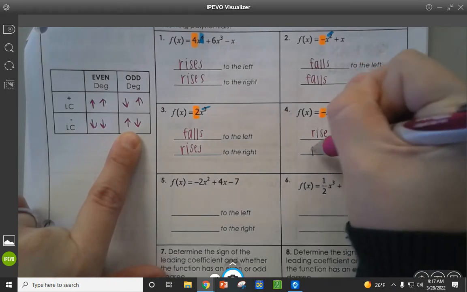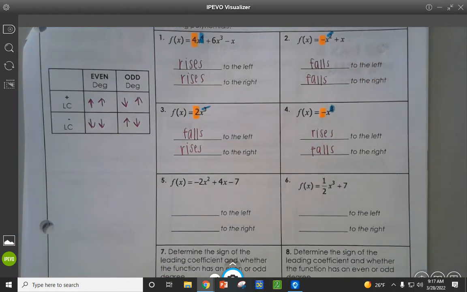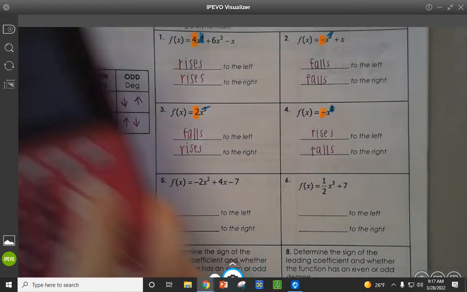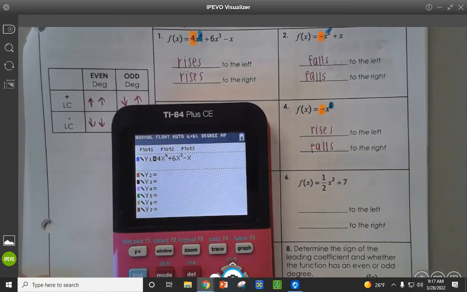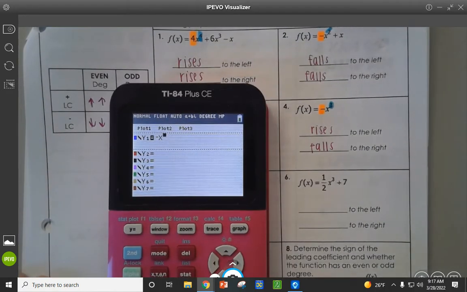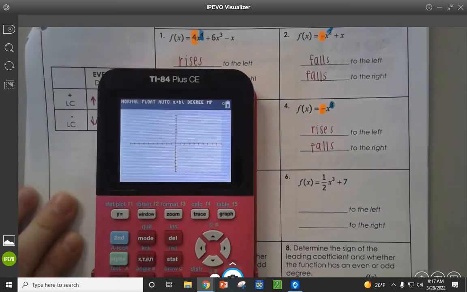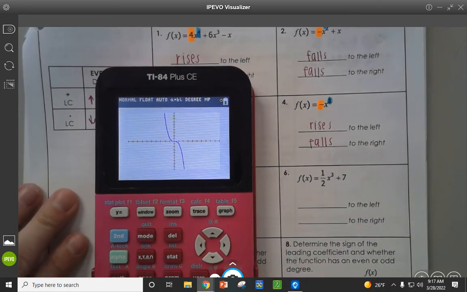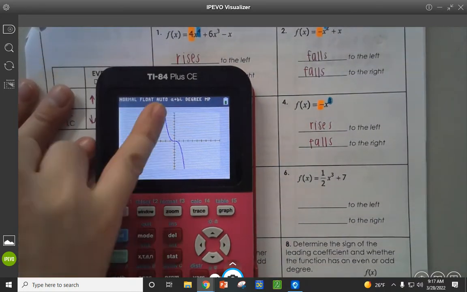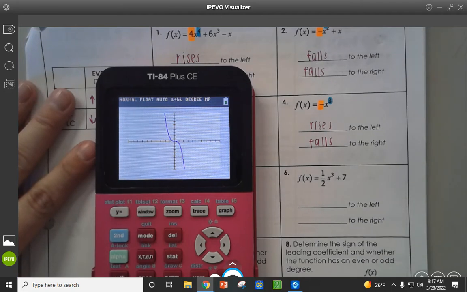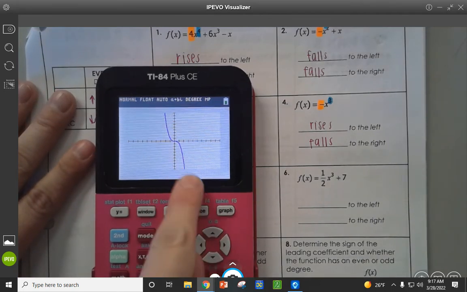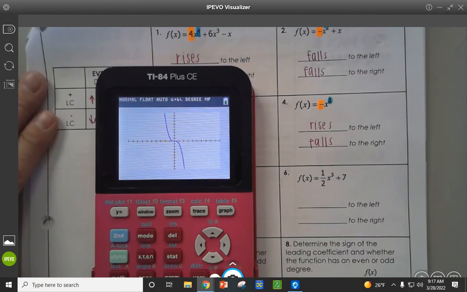Rises to the left. Falls to the right. And again, I could type this in, -x cubed, and look at the graph. But then you got to wait on it. So notice on the left side of the graph, the arrow would be pointing up if I drew in an arrow. And on the right side, we would have an arrow pointing down.